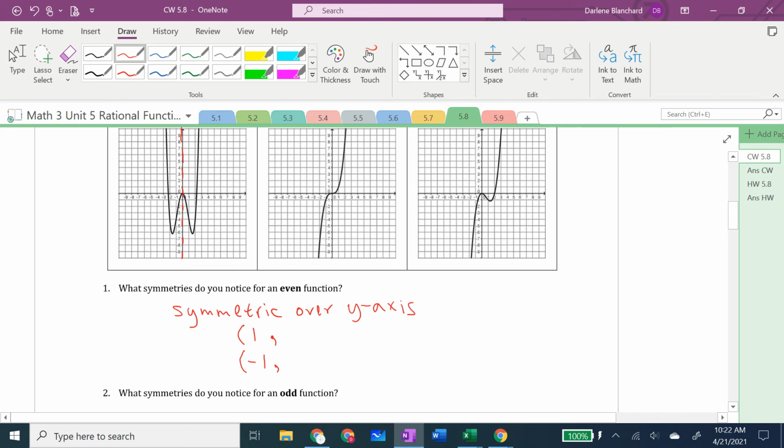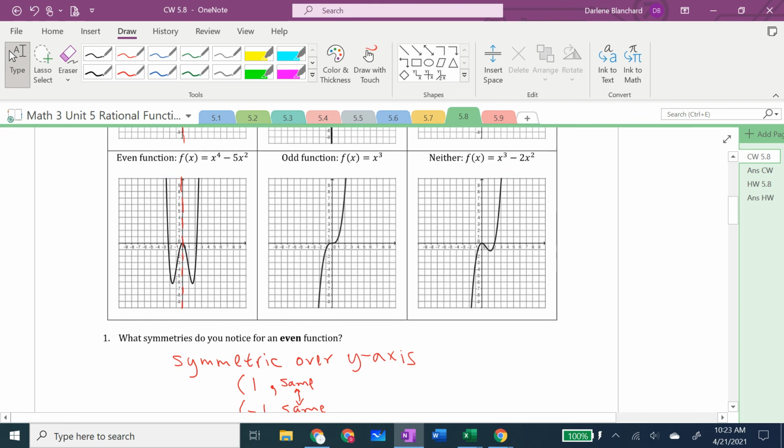If I am symmetric over the y-axis, the same y value is going to come out from +1 as the number that comes out from -1. These have to be the same number. That's what it means to be symmetric over the y-axis.